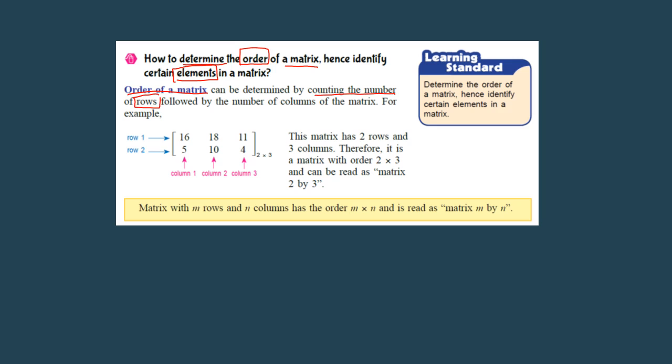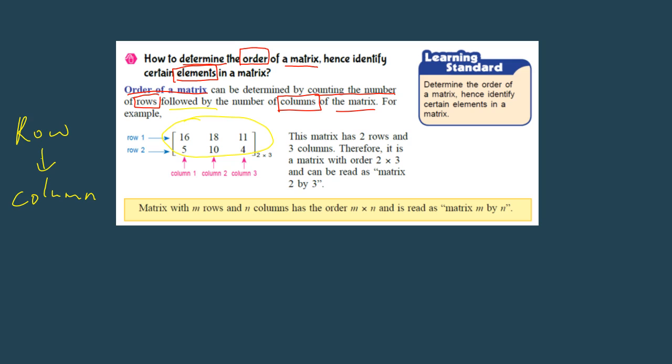This is very important, the number of rows first, followed by the number of columns in the matrix. So row first, then column. For example, you have a matrix like this.